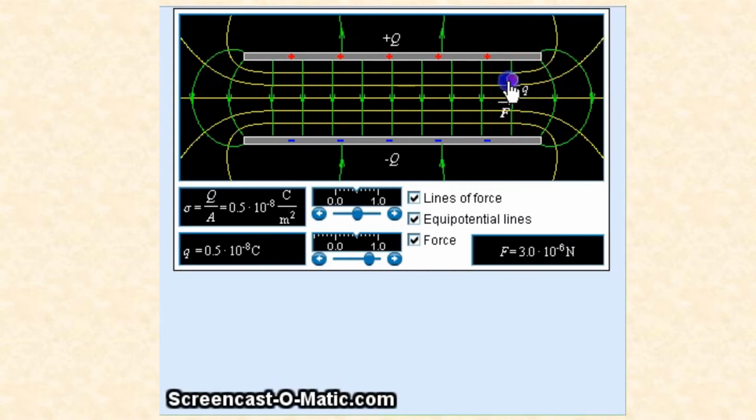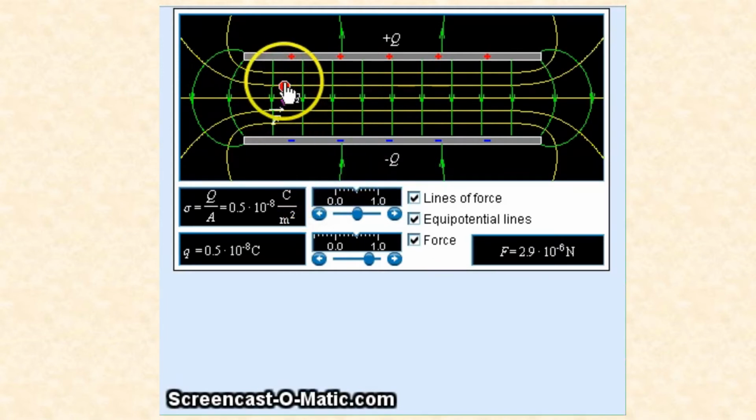At all these points, the direction of that force is perpendicular to the direction that the charge moves. In such a case, when the force is perpendicular to the displacement, the work done by that force is 0. This suggests that no net work is done when a charge moves along an equipotential surface.